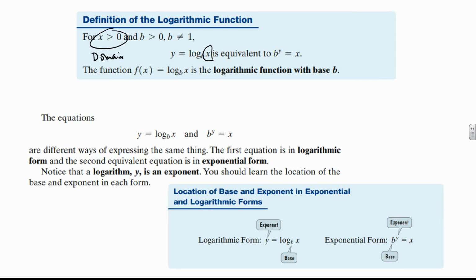So the definition that y is equal to log base b of x is equivalent. The old statement used to be if and only if. That means it's equivalent, that what is being stated over here is the same as what's being said there. So on one side we have what we call the log form, and over here we call this the exponential form.